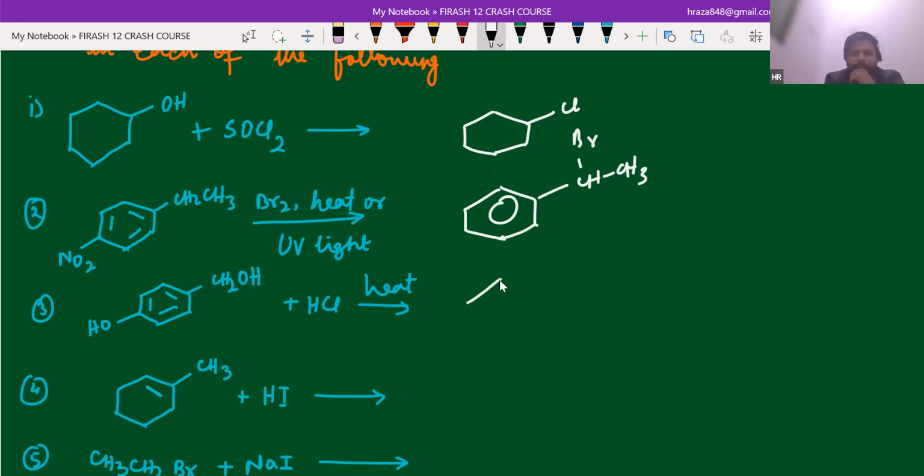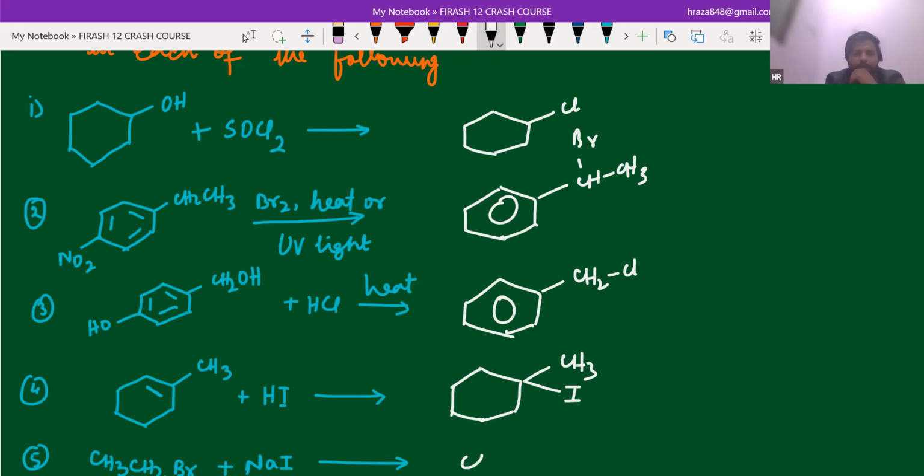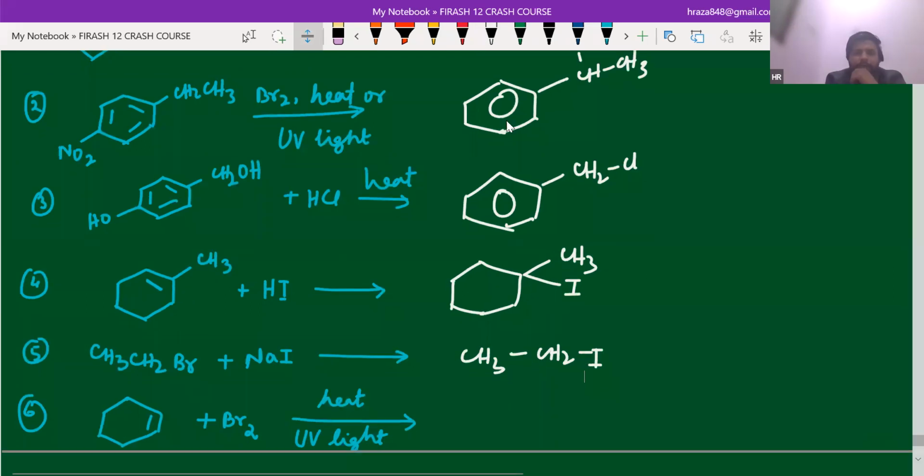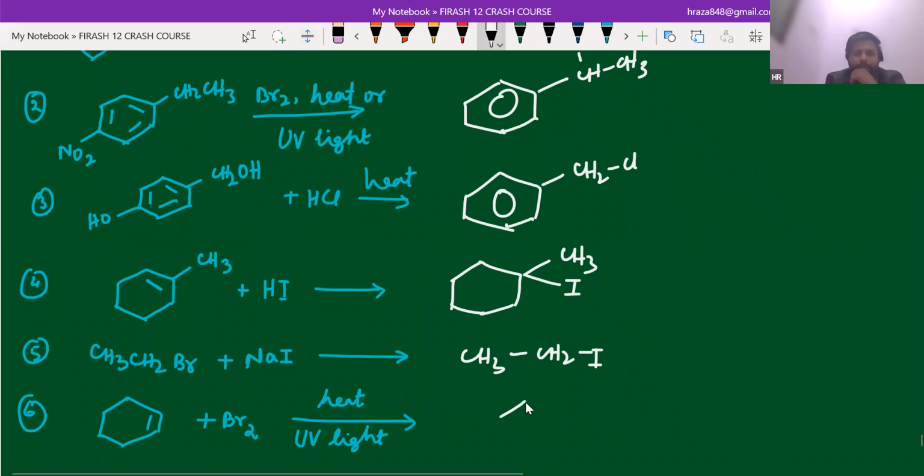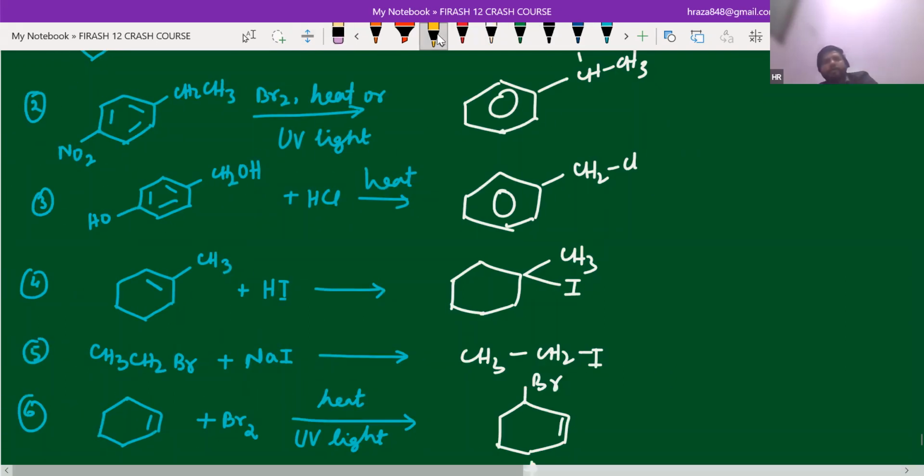Secondary will be more stable, and then this will be your main product, and then this will be your main product, and then this is Br2 in the presence of light. Either here you can apply, here you can. Okay. So are all of them correct or wrong?